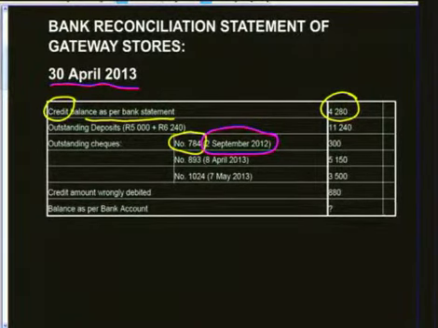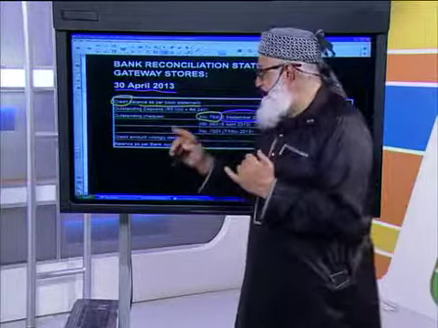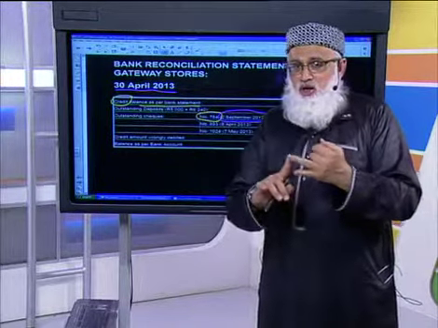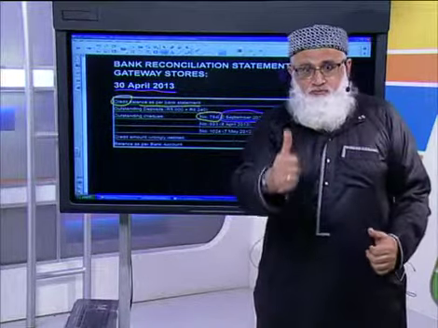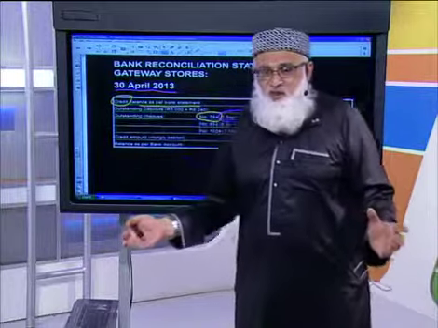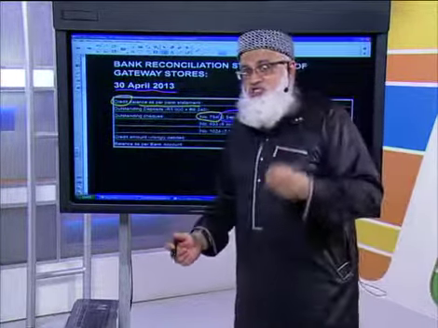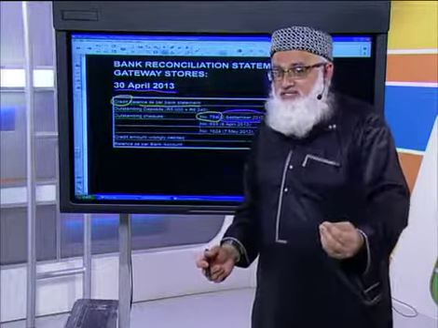Now, obviously, September is when the cheque was issued. Notice, the 2nd of September. So you have September, October, November, December, January, February, March, April. How many months have gone by? Plus minus 8 months? And the cheque has not been presented for payment.